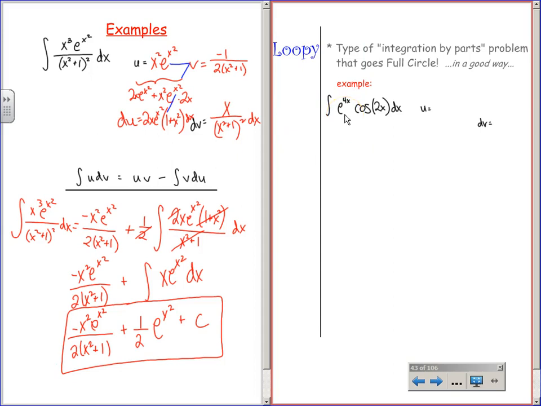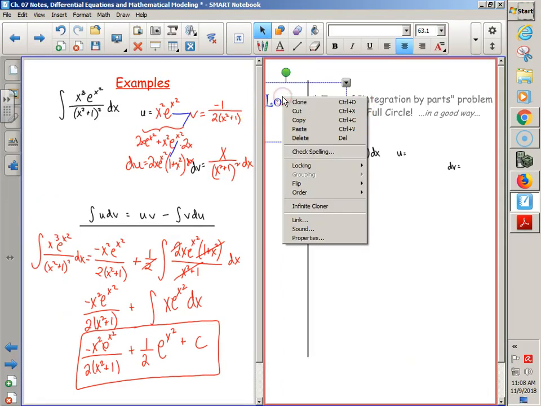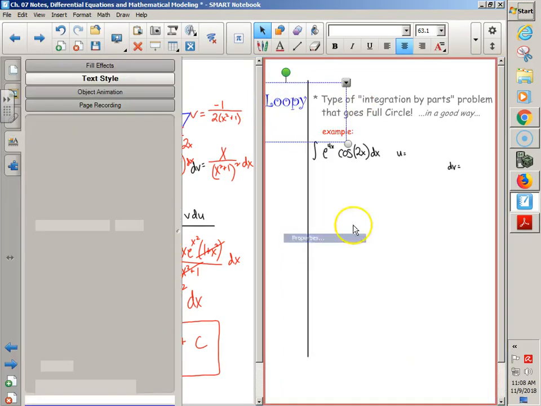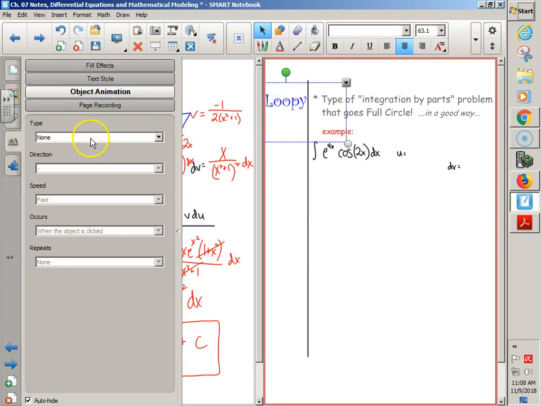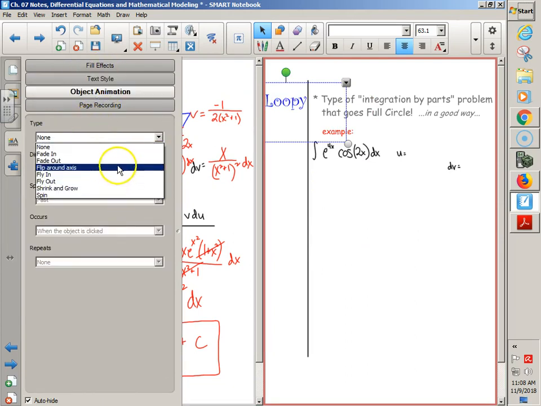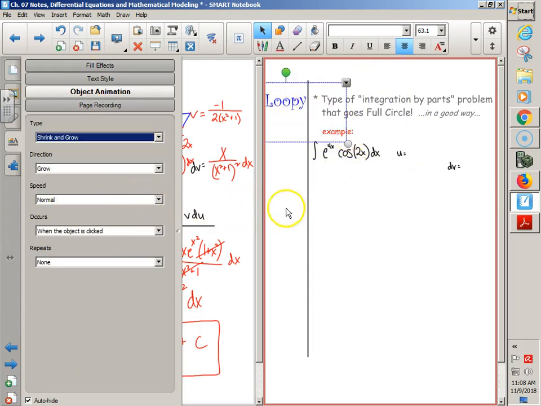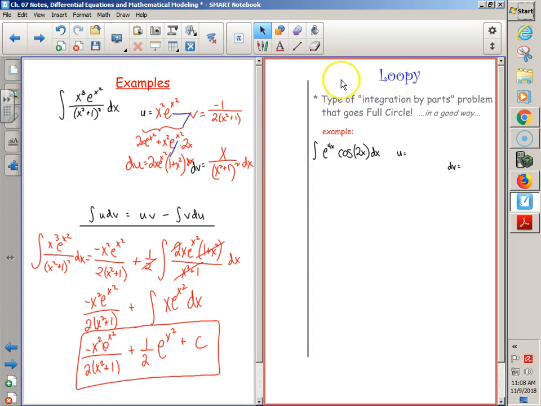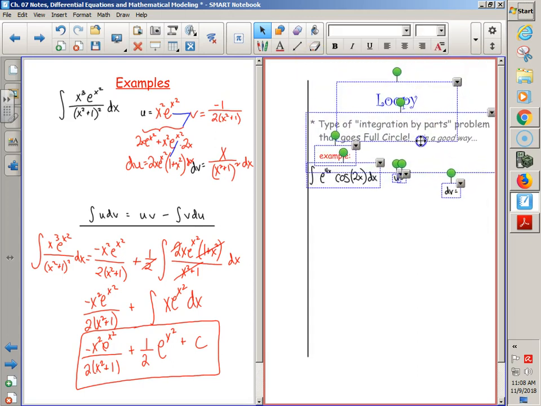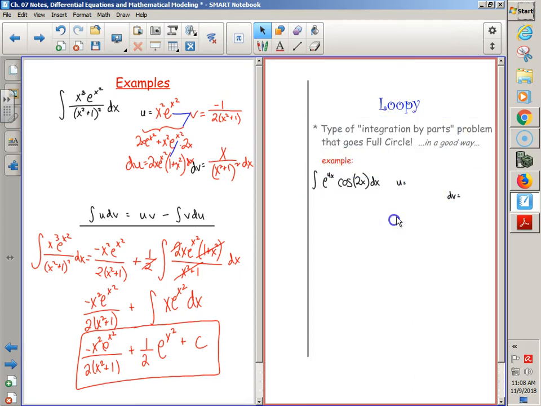Get down this example. That's what I wanted.